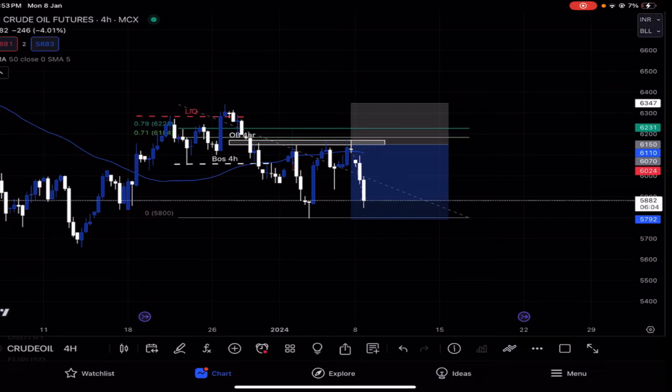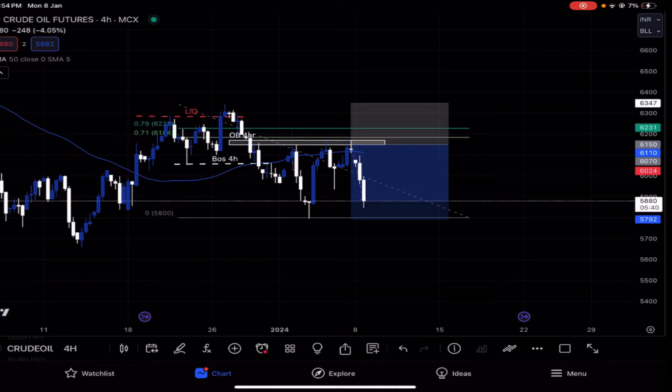So what exactly is a moving average? In simple terms, it shows us the average of the price. For example, a 50 moving average shows the average price using the data of the past 50 candles.